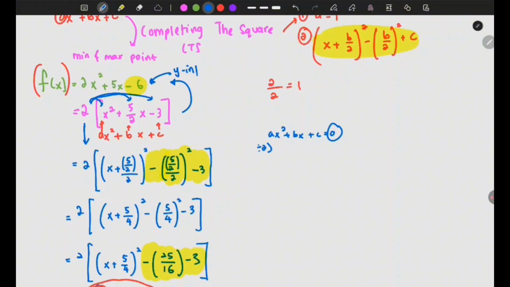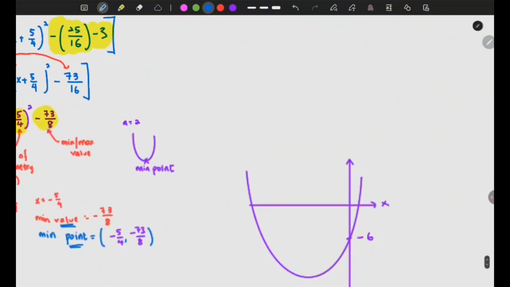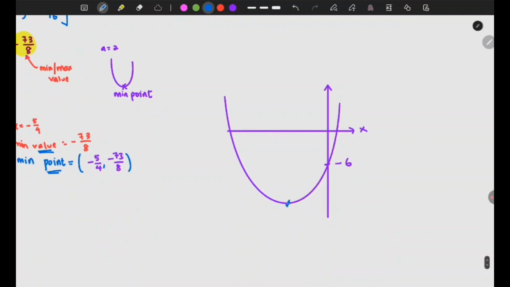And the axis of symmetry, which is the middle part cutting the x-axis between the curve, is negative 5 over 4. So the coordinate here will be -5/4 and -73/8. So this is how you identify the minimum and maximum point through completing the square.